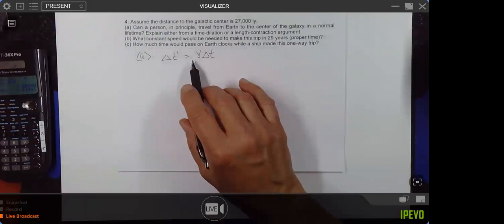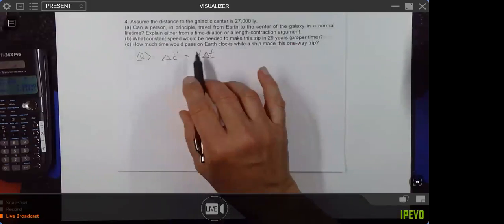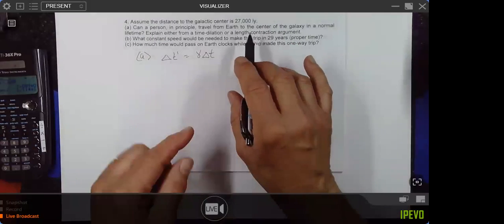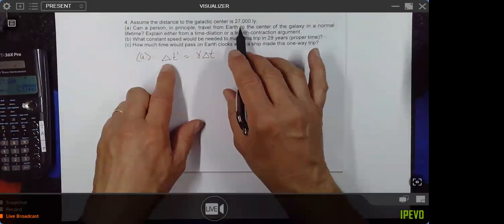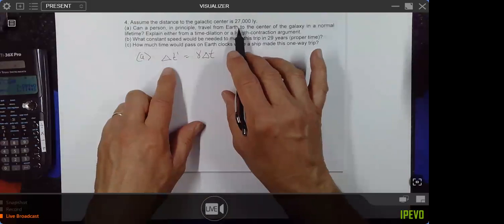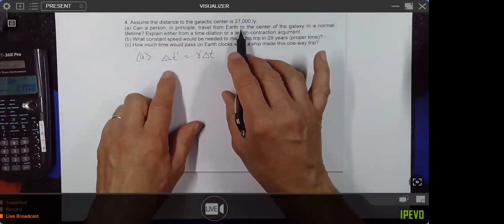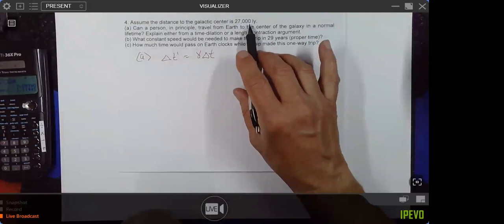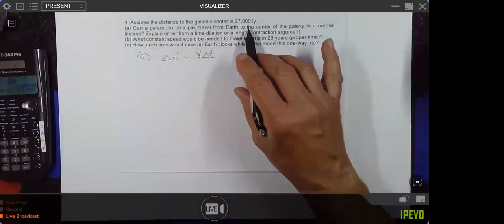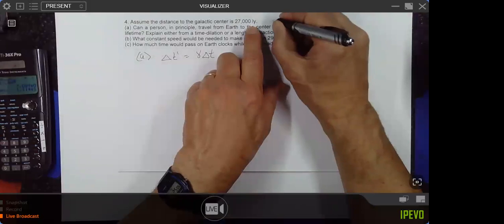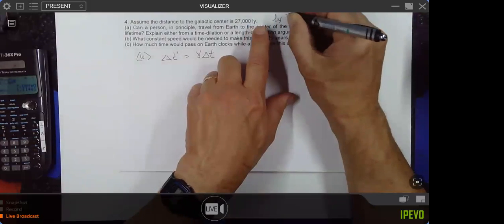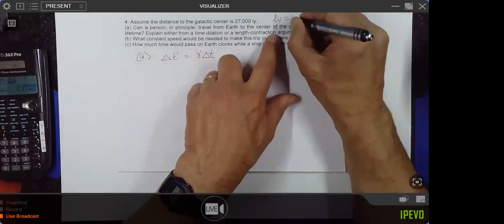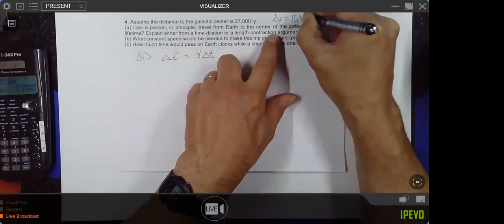And so if they're going close to the speed of light, an observer here on Earth watching that spaceship move away, if they had the patience for it or could somehow live long enough, they'd think, oh, it took 27,000 years to get to the center of the Milky Way galaxy. By the way, that LY, I didn't state this, but it stands for light years.